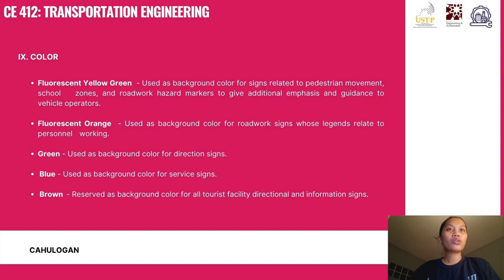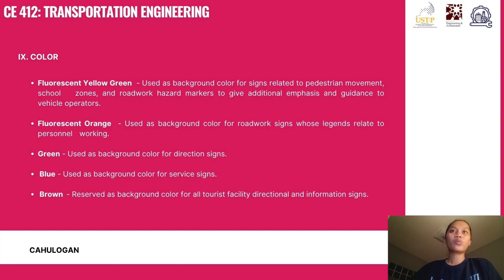I showed there the school zone and school zone crossing signs, which have a fluorescent yellow-green background. That is an example of the fluorescent yellow-green background color used.